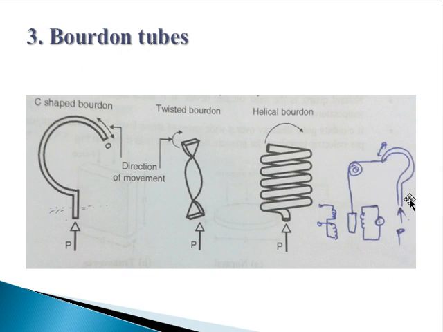So pressure is converted into displacement, and this displacement is converted into an electrical signal by the LVDT. This is the primary transducer, which is the pressure transducer, and this is the secondary transducer, the LVDT, which is converting the output of the primary transducer into an electrical signal. Combined, this assembly can be used as a pressure measurement assembly.